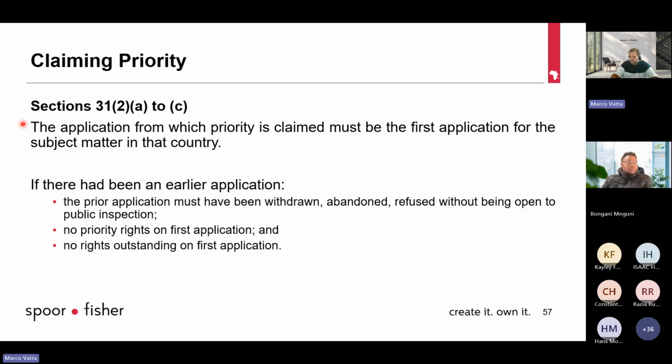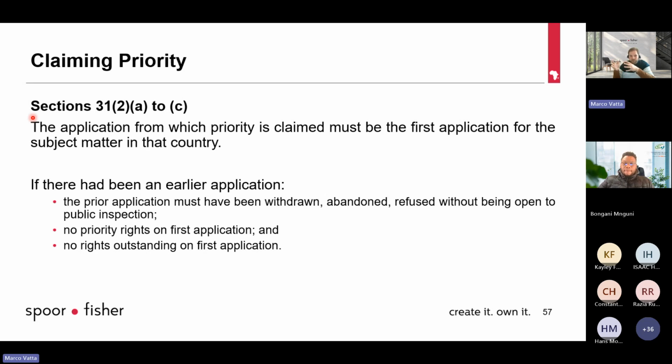Having a look at the statement that the application from which priority is claimed must be the first application for the subject matter in that country. It often happens, especially from the United States, where they will file an application in America. They will then make adjustments to the specification.